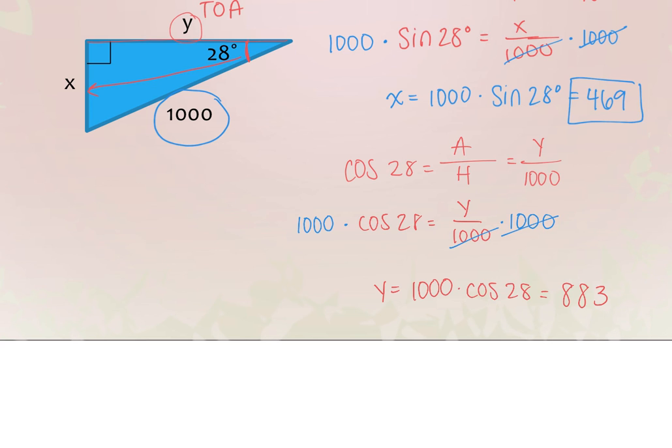How come we didn't do that to the other one, 469? Because it was 469.4, and 4 does not round up, right? If it's a number 5 or greater, you're going to round the number next to it up. If it's a number 4 or less, you're going to keep the number the same.